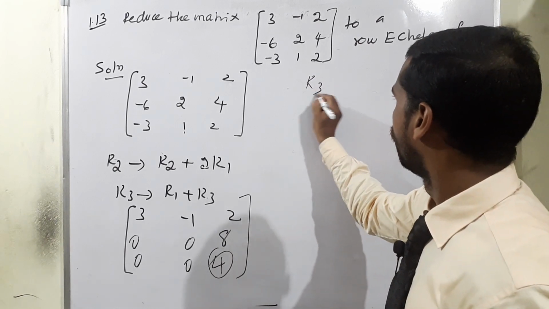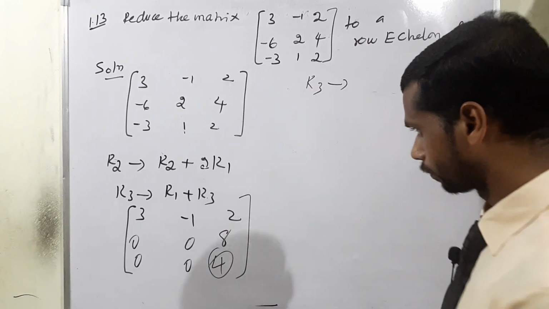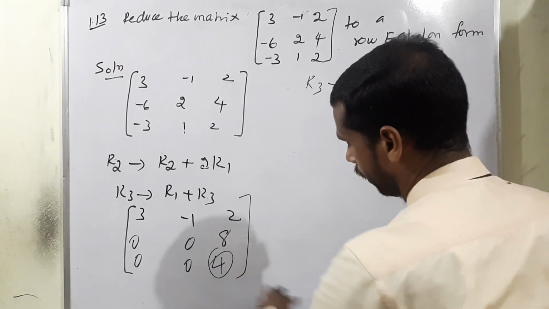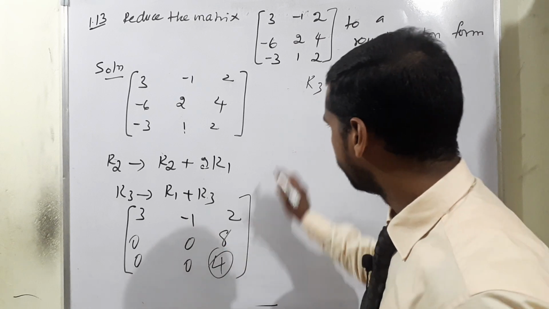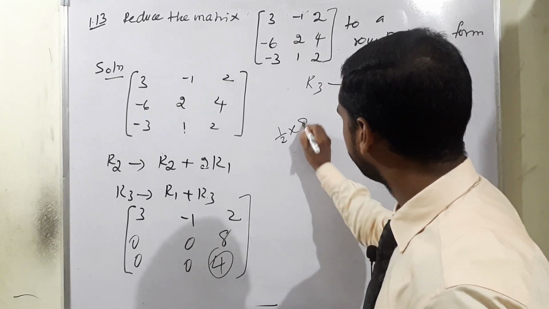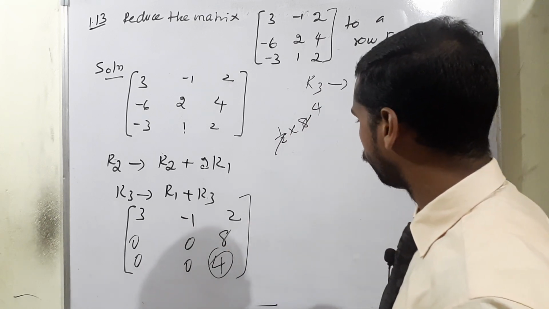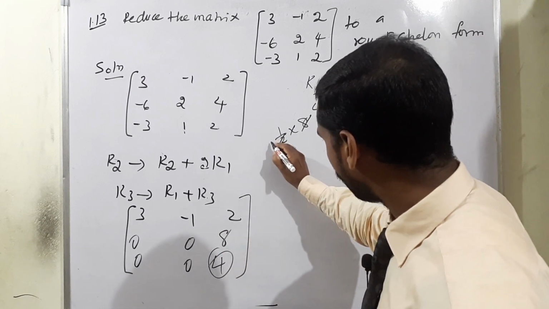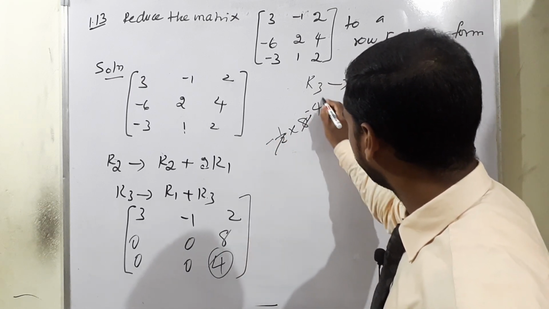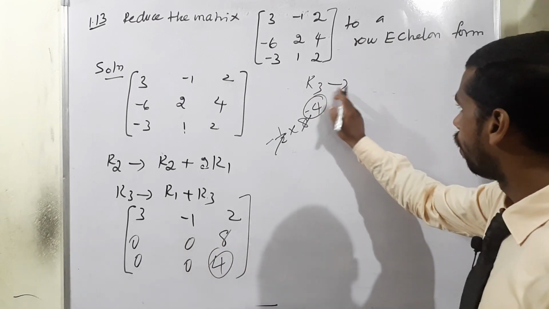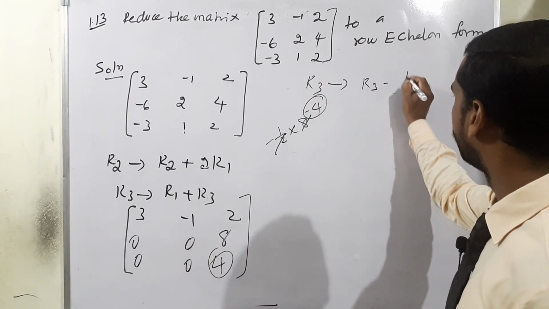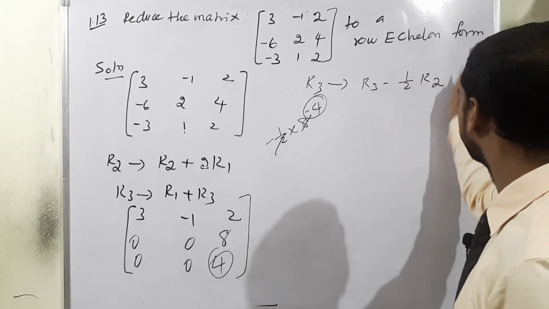There already 4 is there, and half into 8, 2 and 8 cancel, means 4 will come. Therefore minus of half into 8 means minus 4, so 4 minus 4, value will be 0. So R3 gives R3 minus half into R2.